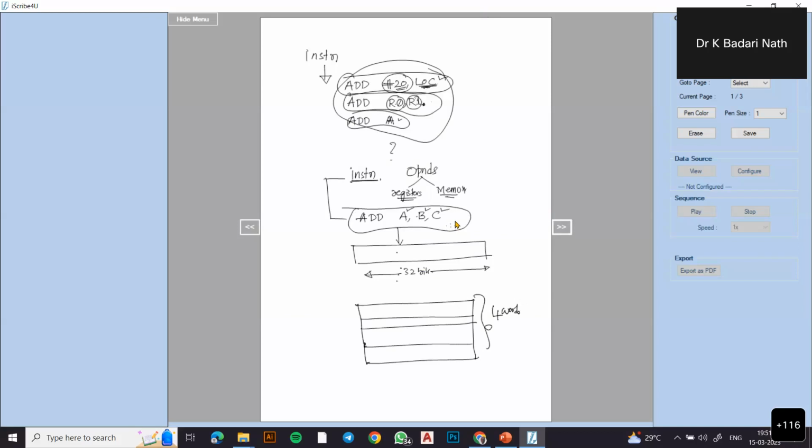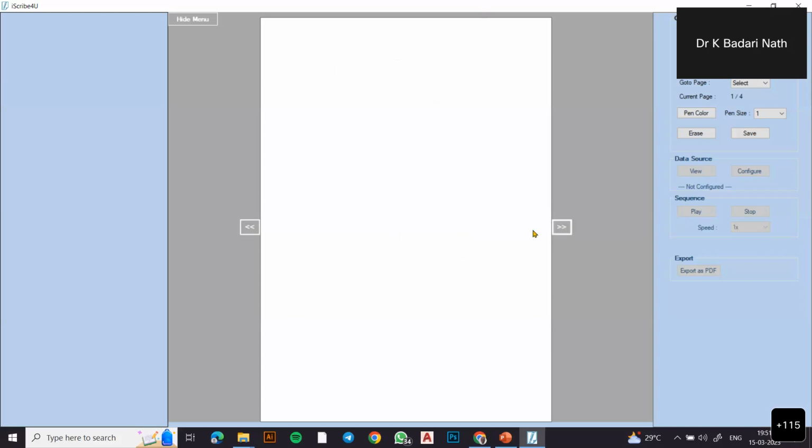The operand size depends upon the memory location. So if I say that the operand A is a memory location, that means I should be able to indicate the address of that memory location. Let's say A is there in the memory location.